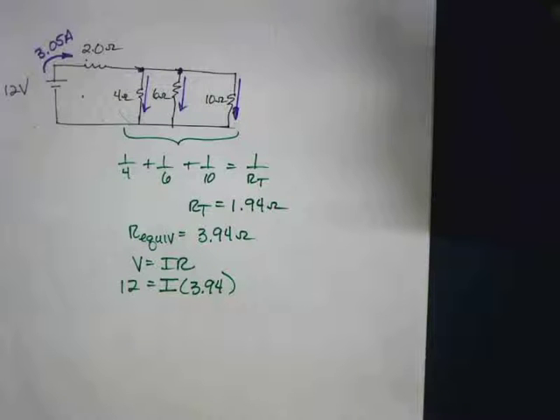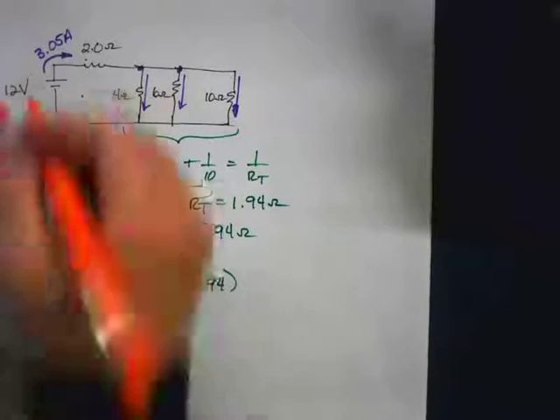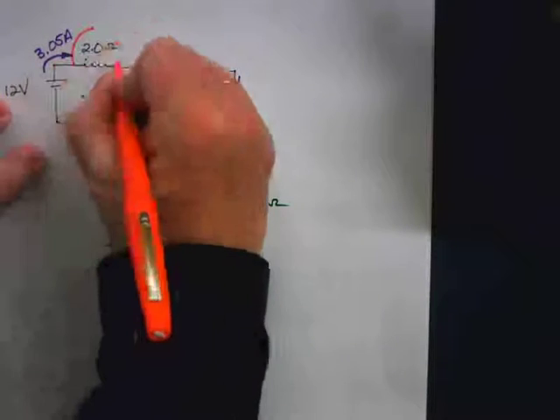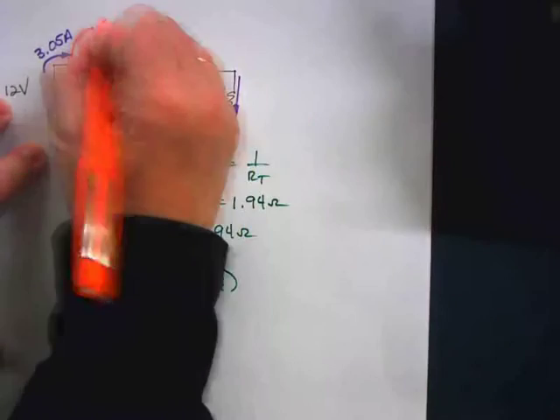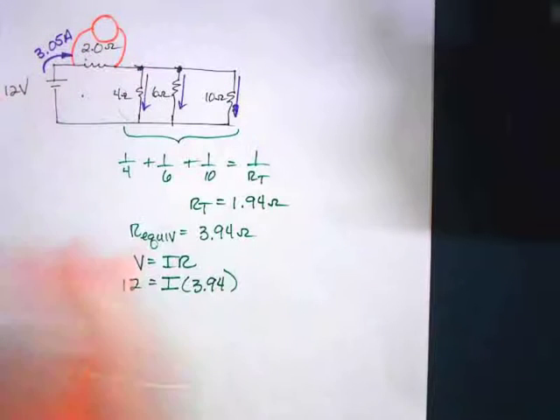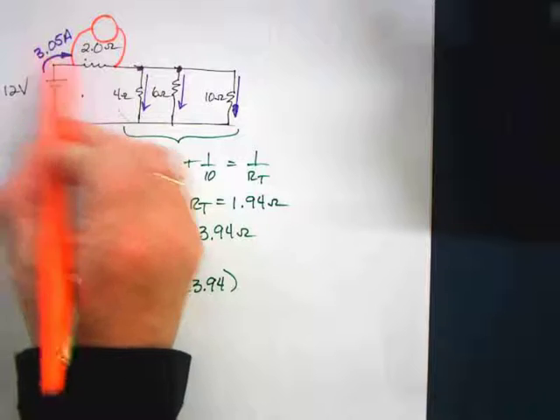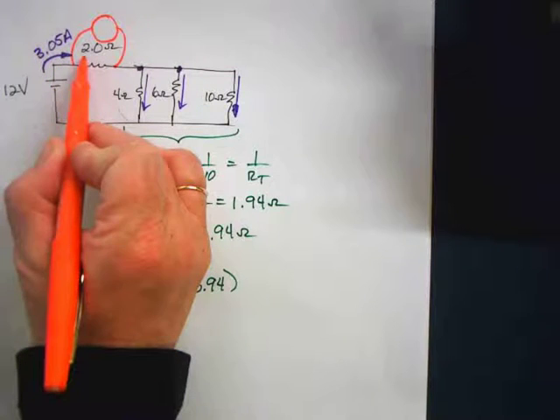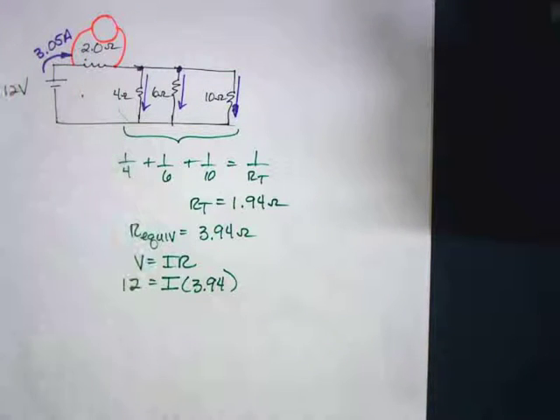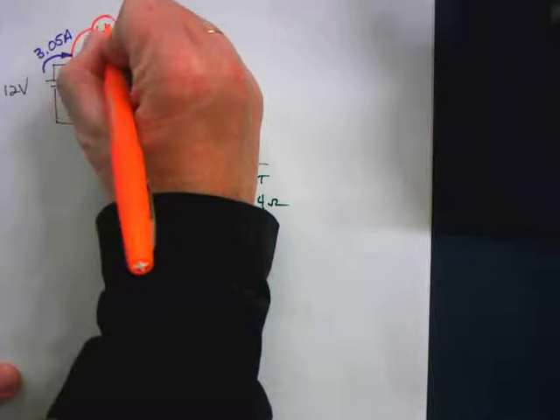Another way to solve these Ohm's law problems is to look at what you know, and every single problem is unique, and fill in as much information as you can while you're analyzing. So we could figure out the voltage drop right here because we know the current and resistance. That's going to be about 6.1 volts.